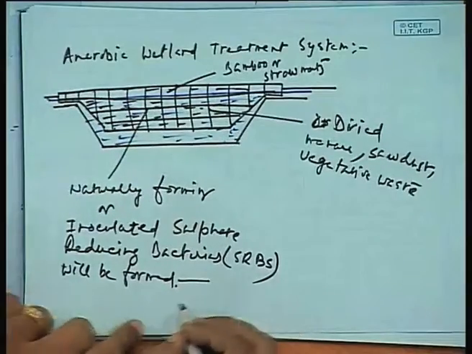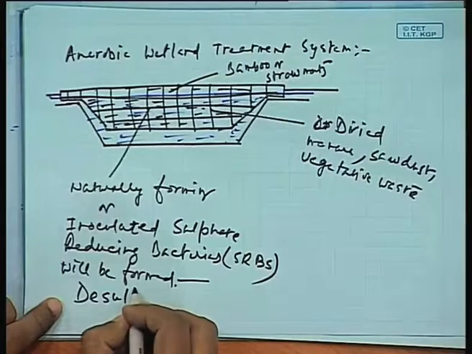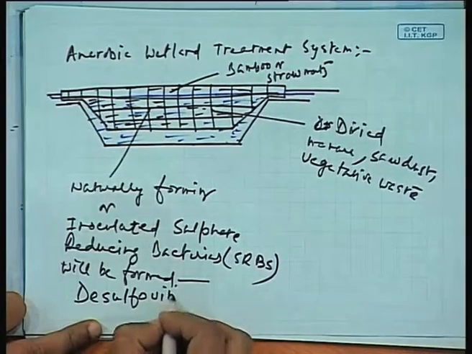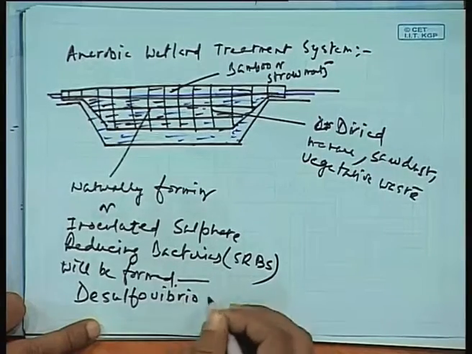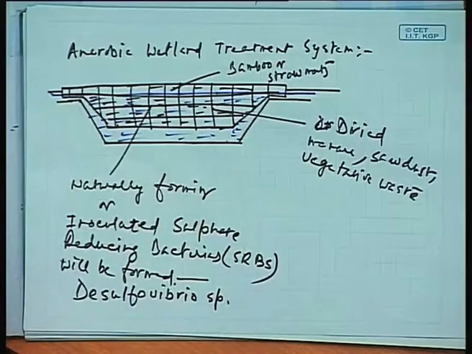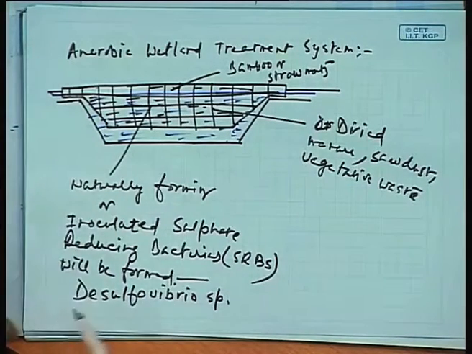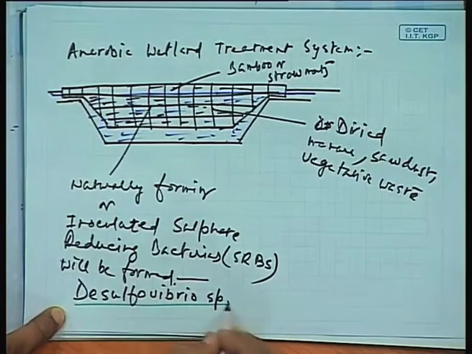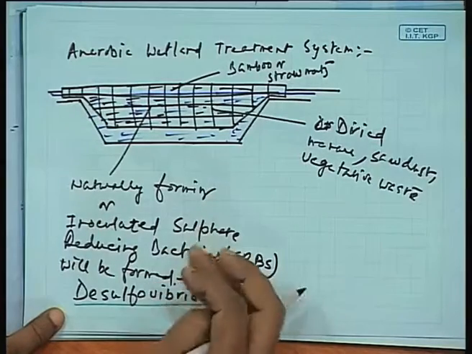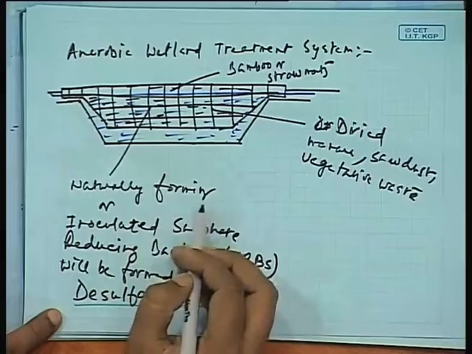This is particularly a bacteria. One of those species is Desulfovibrio species. This is a typical species, Desulfovibrio. This particular species would be formed, either naturally, because these bacteria are naturally forming bacteria.